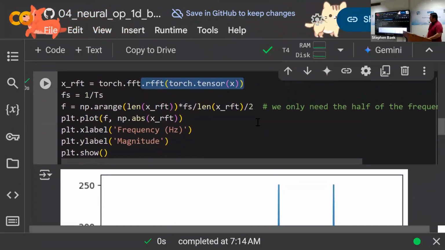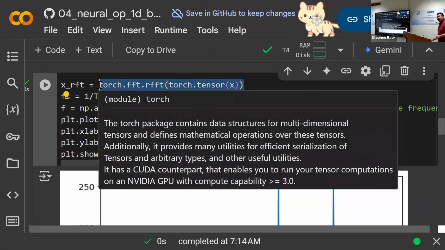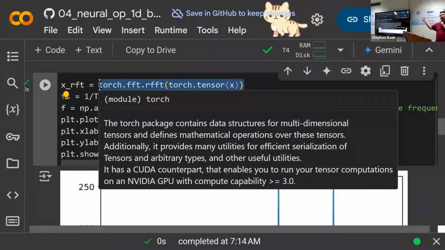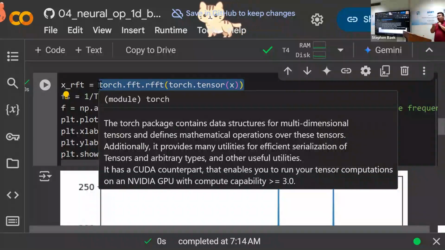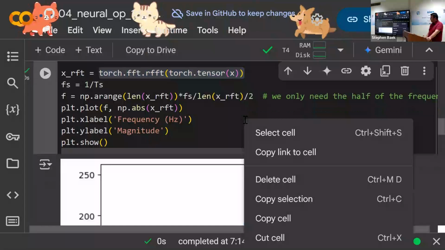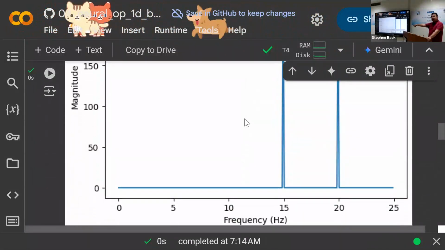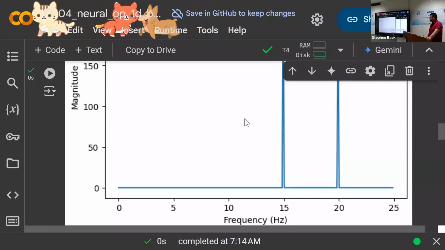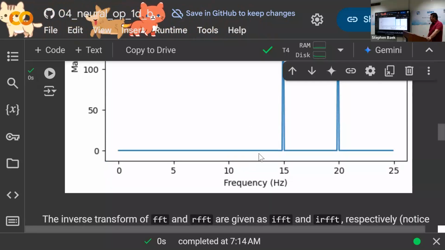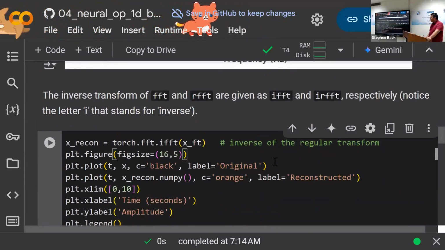It's really just one line at the end of the day. And this one line, torch.fft.rfft, will convert the original signal into the frequency domain components. That frequency domain component is going to be comprised of the coefficients indicating what kind of frequency signals are contained inside of your original function.